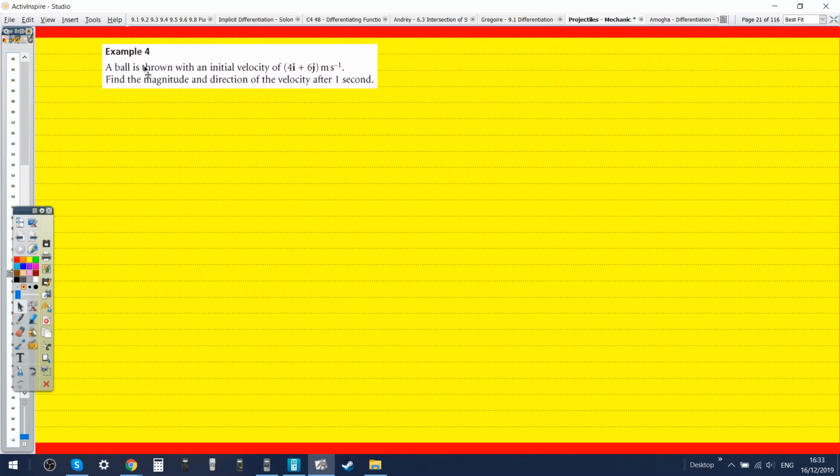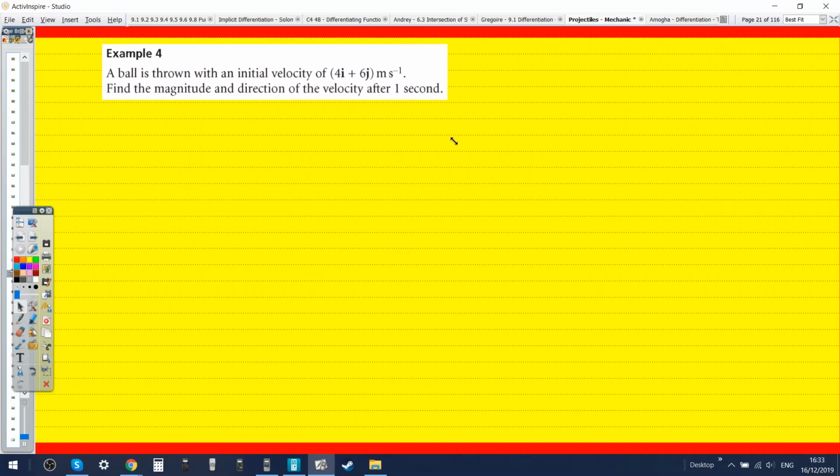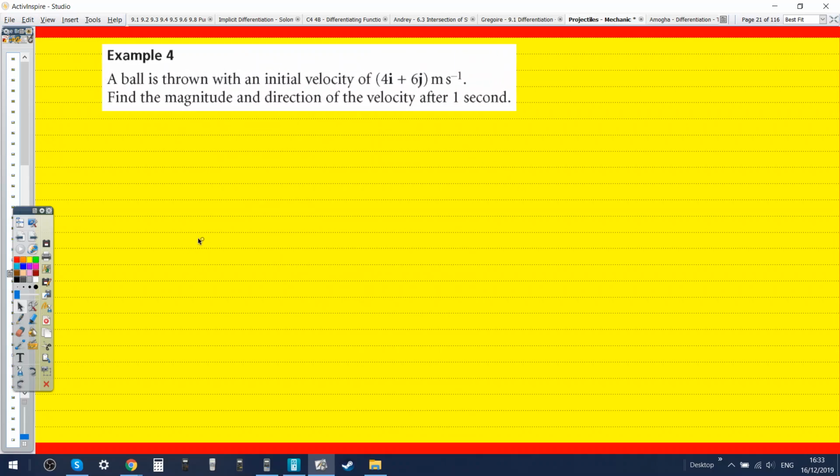Okay, let's go for this. Do we need to resolve the vector? You could, the magnitude and the direction. Okay, what would you get? So that's 4 to the right and 6 up.